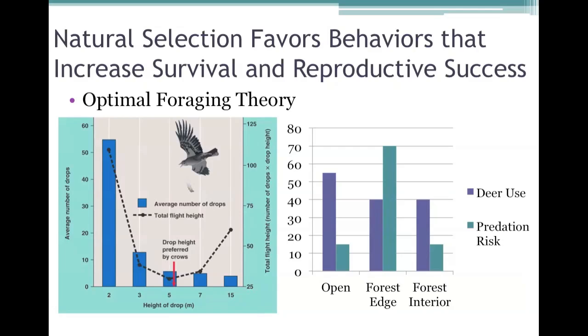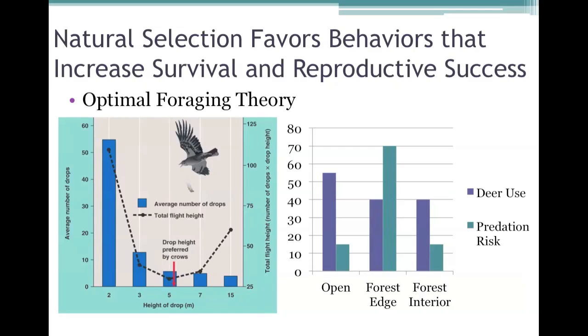So, if you're this crow, you don't want to fly very much, and you still want the snail shell to open. The more you fly, the more energy you waste at getting that food. If these crows flew to a height of 2 meters, it would take them over 50 times on average to break the snail shell. If they flew to 15 meters, in a couple of tries, they would break the shell.